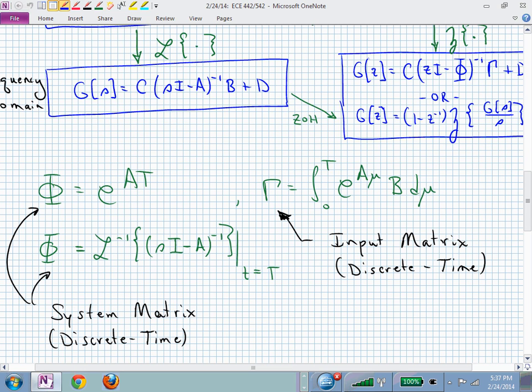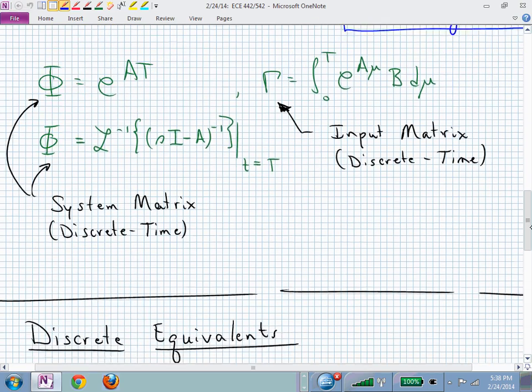The input matrix, gamma, is now our input matrix in the discrete time setting, and that's simply taking this matrix exponential where mu is a variable and integrating that with respect to mu, and that gives us our input matrix gamma.